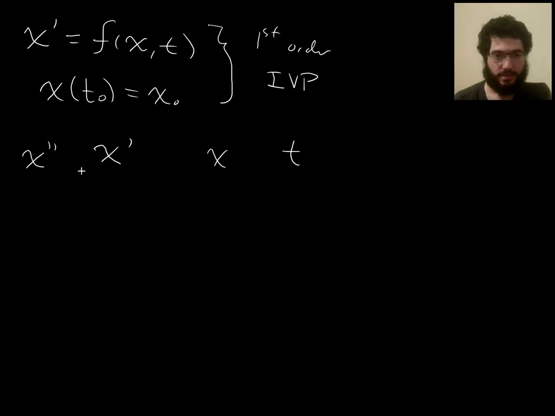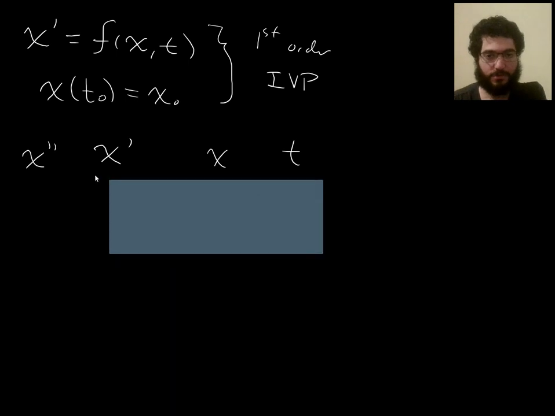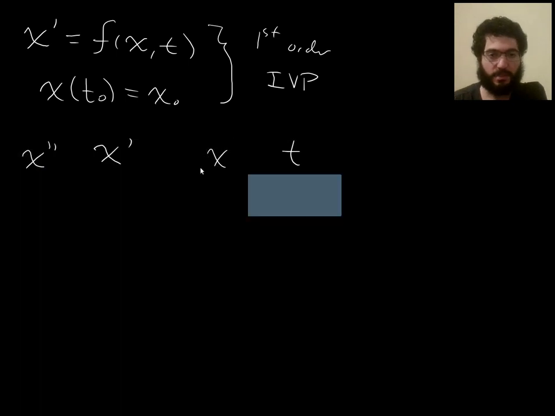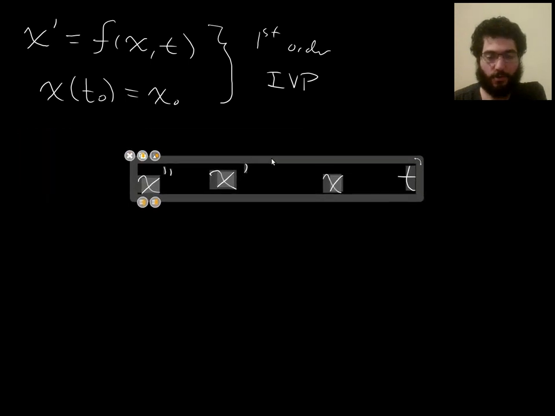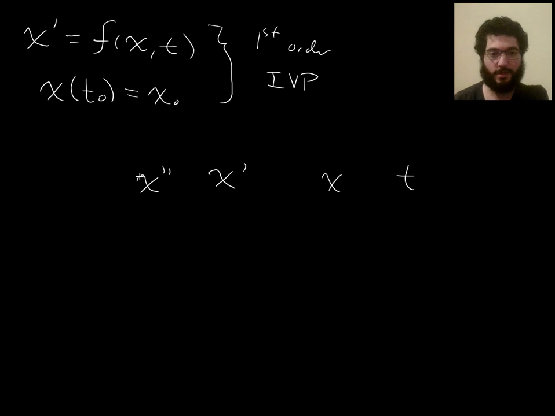So these are really important because a lot of differential equations come from applying Newton's laws in some way, applying Newton's second law in some way. And Newton's second law is a second-order differential equation, right?